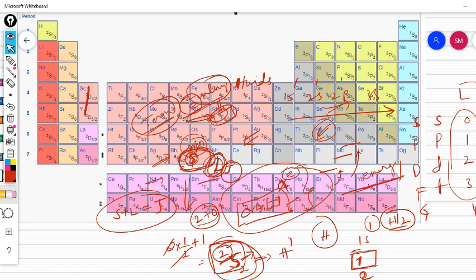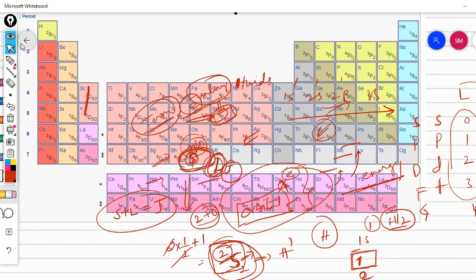Most probably in your syllabus the J value is not mandatory. You are going to deal with 2S plus 1 and the L value. See here, hydrogen is doublet S, so the S value will be half. I will explain that in the next example.